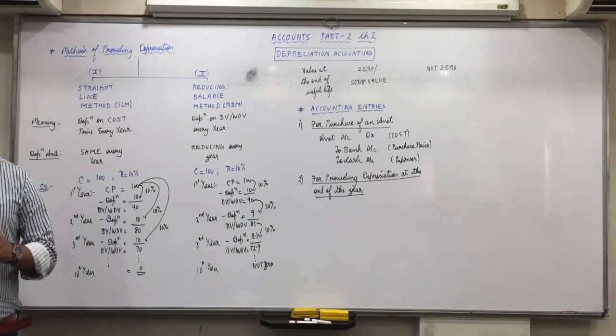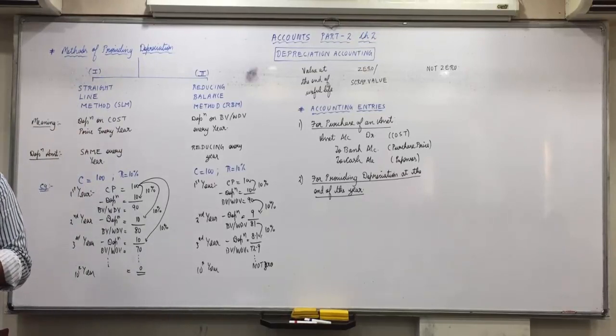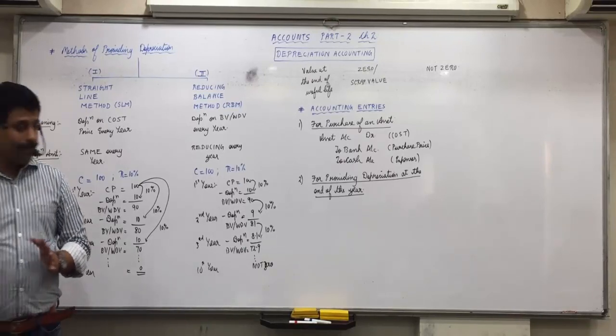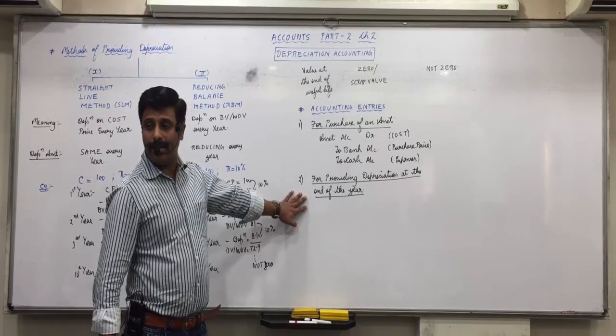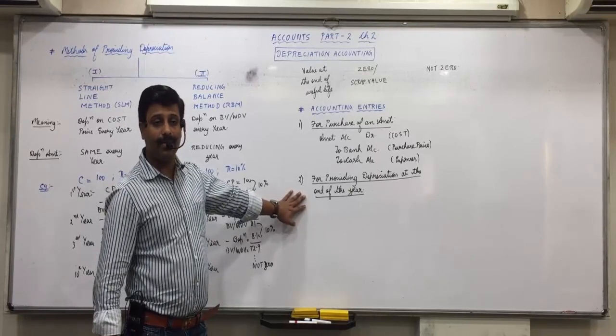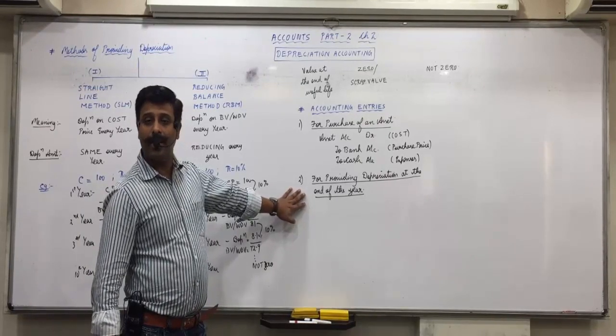Both we have seen in final accounts. In final accounts question 13, I had done the working where we calculated depreciation on 1/10/14 when we were selling it. Otherwise, we always count depreciation at the end of the year, 31st March. So we have seen this entry in final accounts.